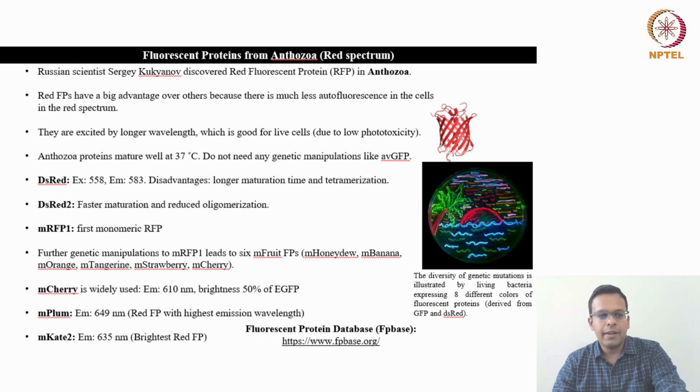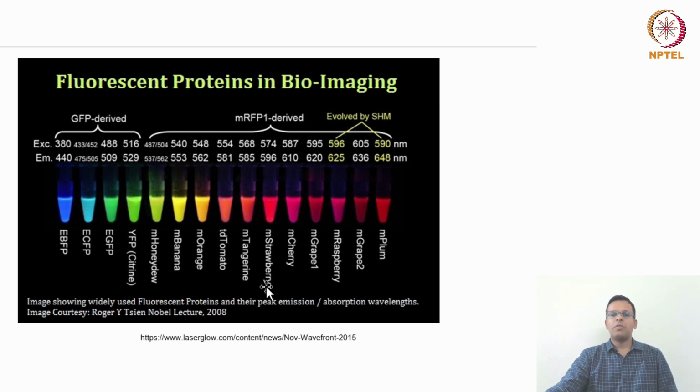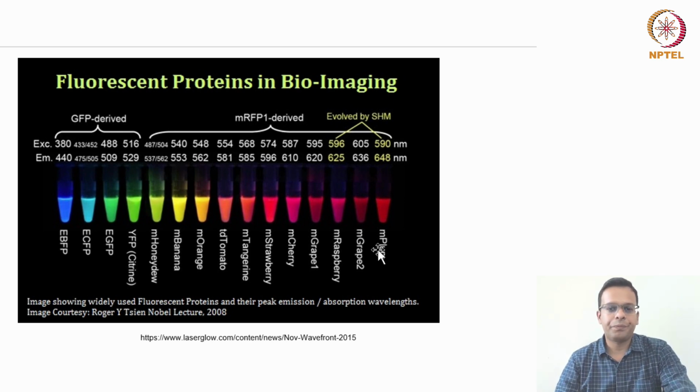Here on this slide, you can see the currently available fluorescent proteins with different excitation and emission wavelengths. Now we have an entire series of fluorescent proteins covering the entire visible spectrum. So you just have to select the best colors based on your requirement. Some of them are named with the names of fruits.